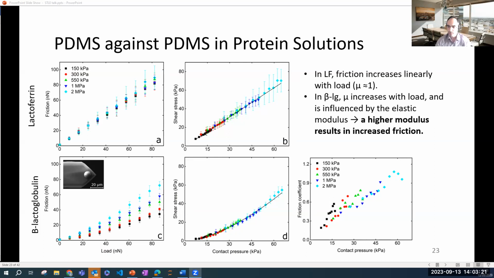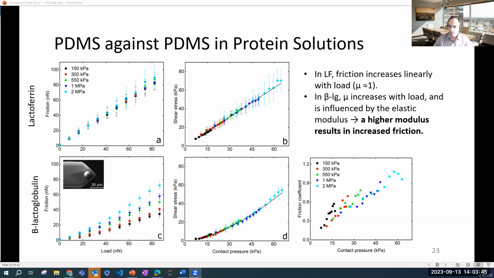Now, in contrast, beta-lactoglobulin exhibits a distinct behavior from lactoferrin. The friction force is generally lower and does not show a direct linear increase with load, and seems to be exponentially increasing.